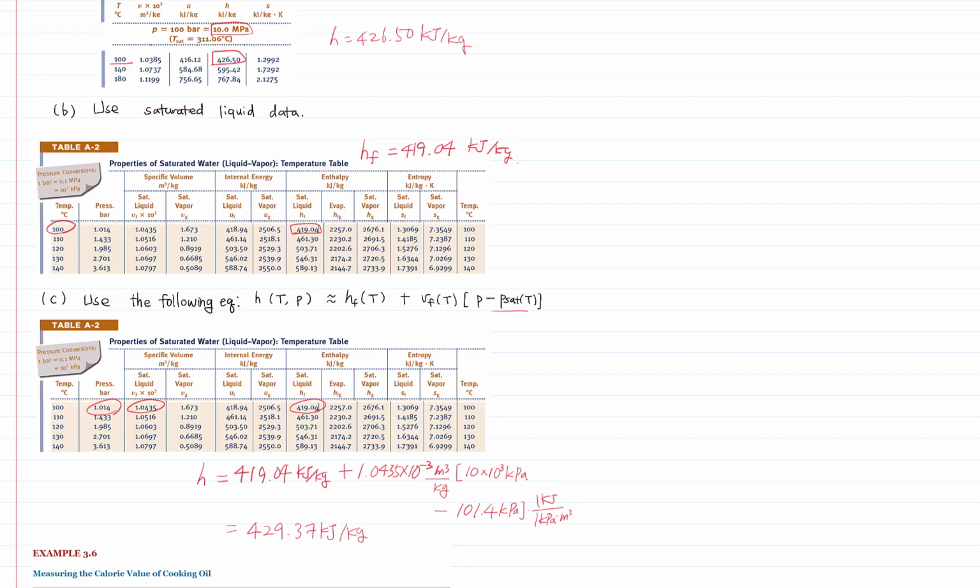So in the first method, we got 426, second 419, third 429. If the compressed liquid table is available, always use it. If it's not available, use saturated liquid data or use the appropriate equations to calculate the enthalpy.